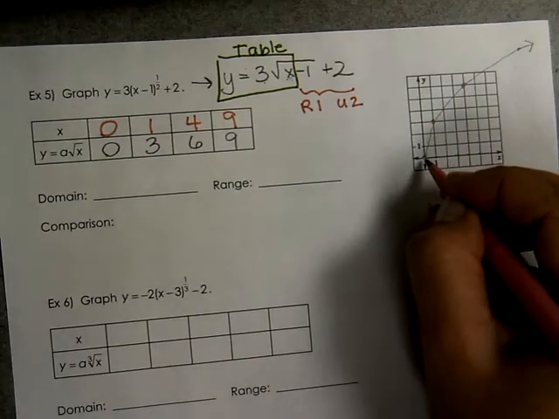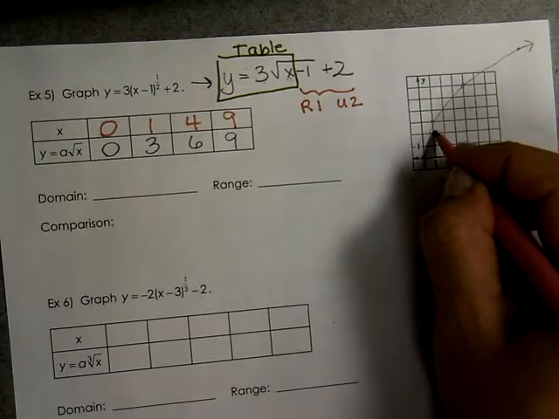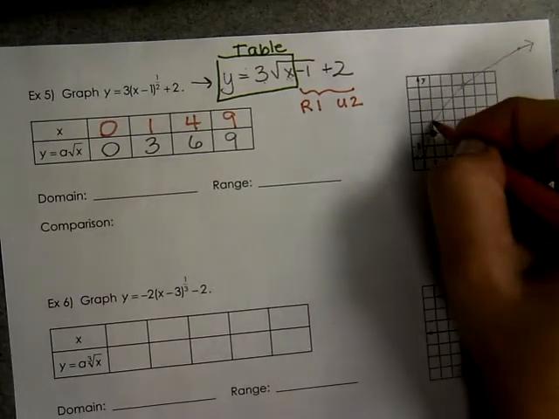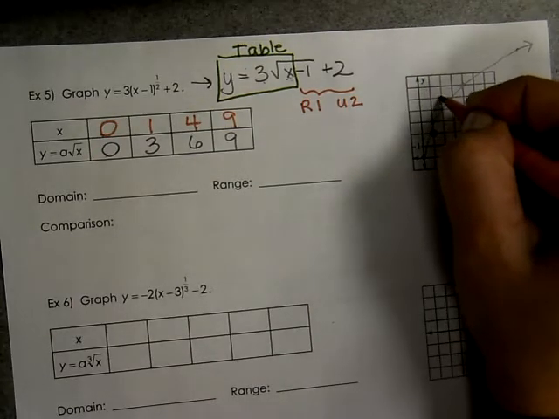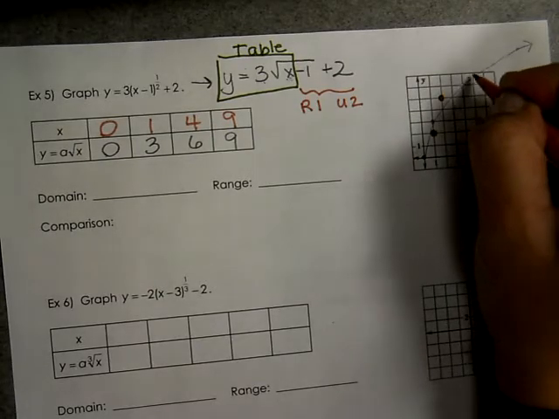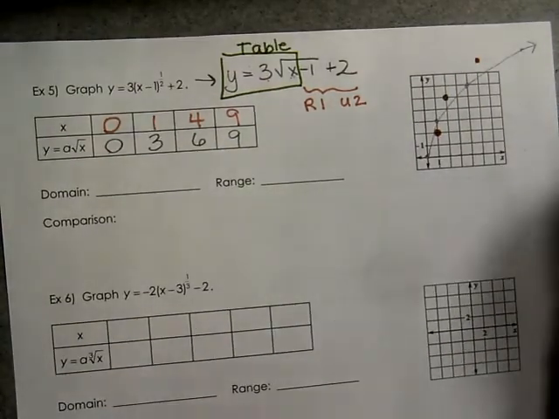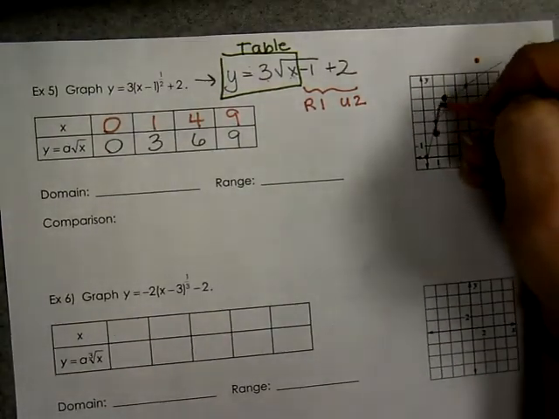So I'm going to take every one of these points and move it right 1 and up 2. And I would do this in another color. Right 1, up 2. Right 1, up 2. And those are the points that I'm going to connect for my final graph.